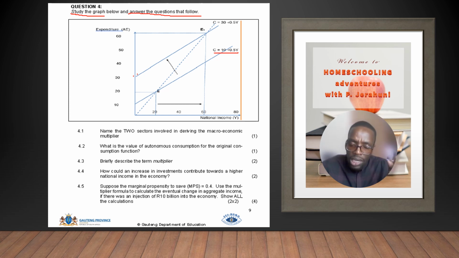So it's firms or businesses, and households. Those are the two sectors involved in the macroeconomic multiplier. If you give me those two, then you get your 1 mark, because the question said name the two, so you needed to give us the two.